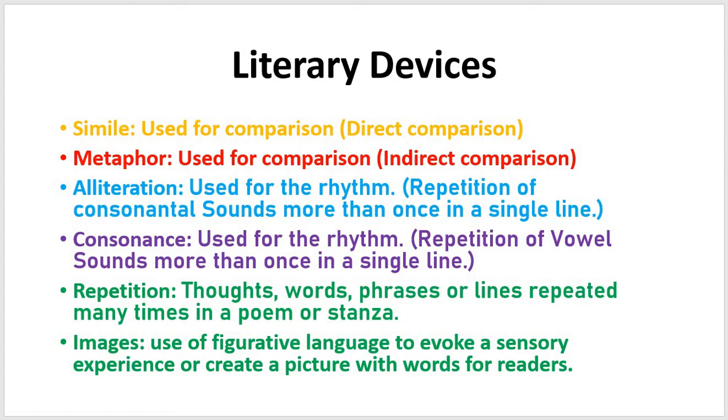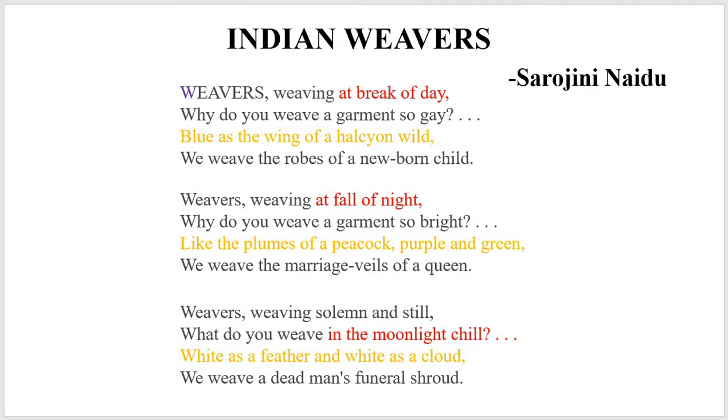In another way, it talks about the life cycle of a human being, which means childhood, youth and old age. The poetess asks 3 questions to weavers and relates their answers to life. Thus, without wasting much of our time, let us start exploring the poem Indian Weavers by Sarojini Naidu.